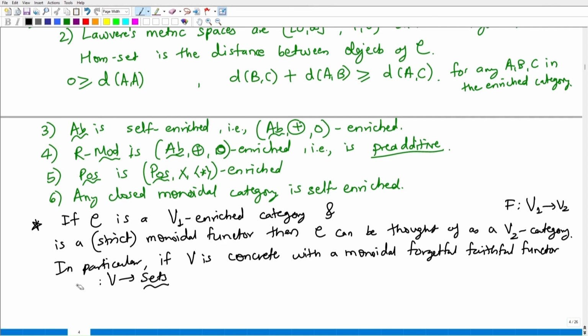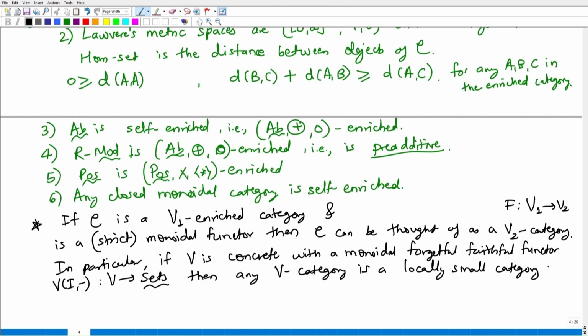I can also write it V(I, -). Yeah, representable functor. Then any V-category is a locally small category with additional structure on hom sets.